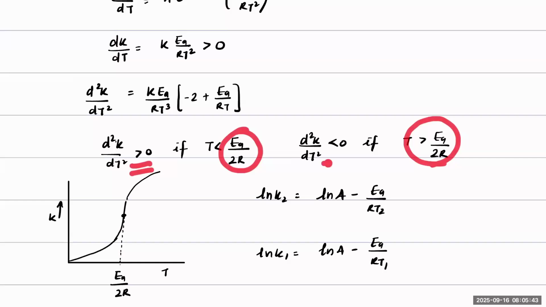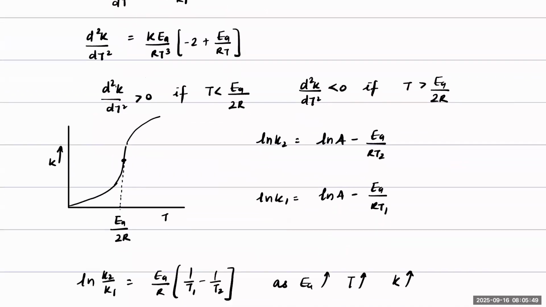If temperature is greater than this, it is negative. Can I say that the value of k will keep going like this and suddenly change its concavity at one point, which is that point? It is the temperature at which it becomes EA by 2R.